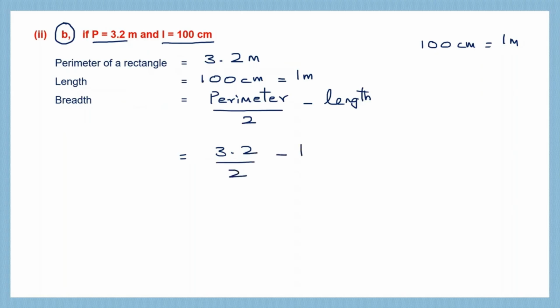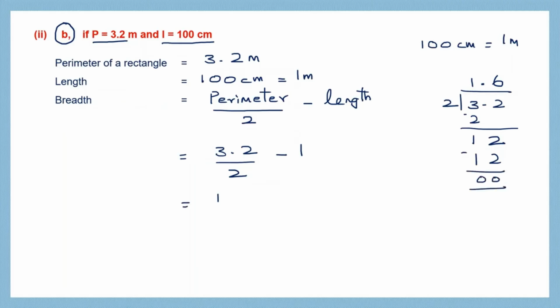So let's divide 3.2 by 2. 2 ones are 2, minus 1. Now there is a point here which you can carry up, and then I bring down the 2 this time. So now I have 12. 2 6s are 12 minus 0. So what do I have here? I have 1.6. 3.2 divided by 2 is 1.6 minus 1.